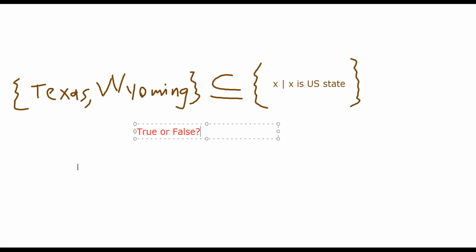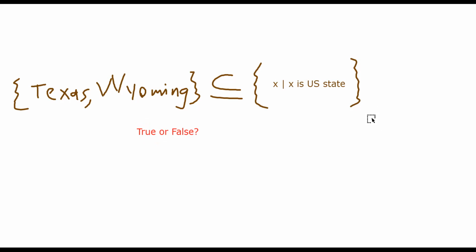True or false? What do you guys think? The set containing Texas and Wyoming is a subset of the set containing all US states. True? Absolutely, it's true. The reason is that every element of this set is also found in this potentially larger set. We only pulled from this larger set, basically.